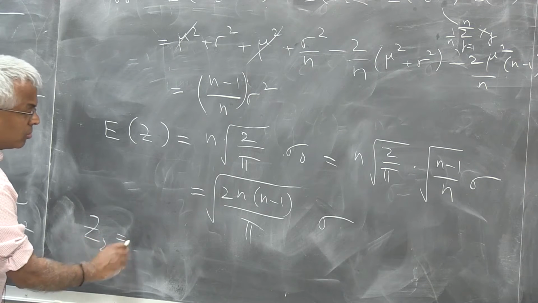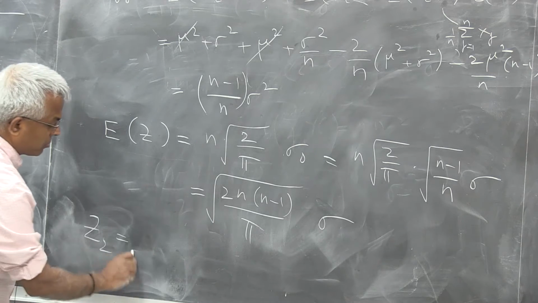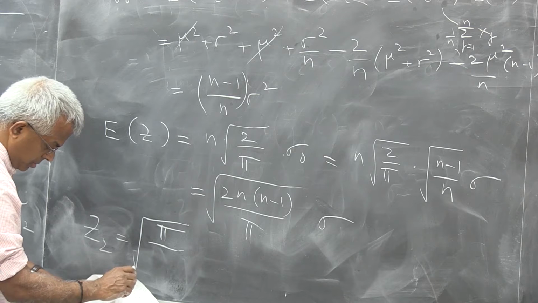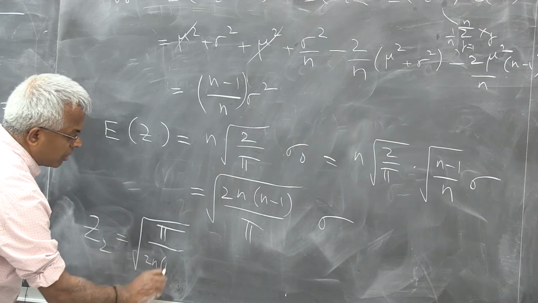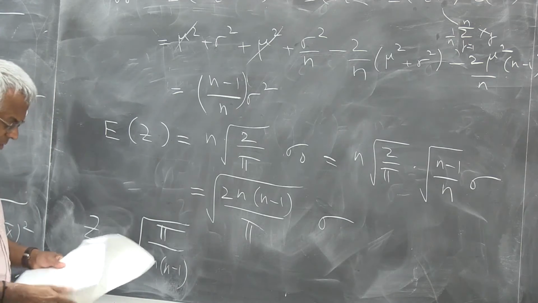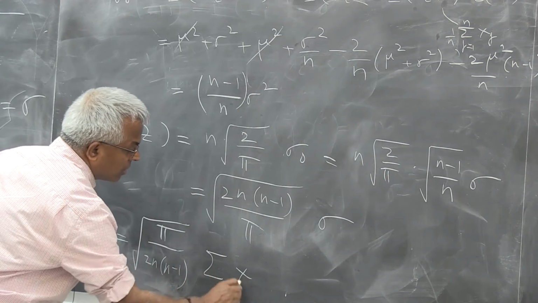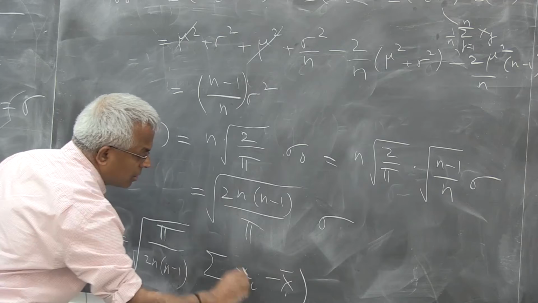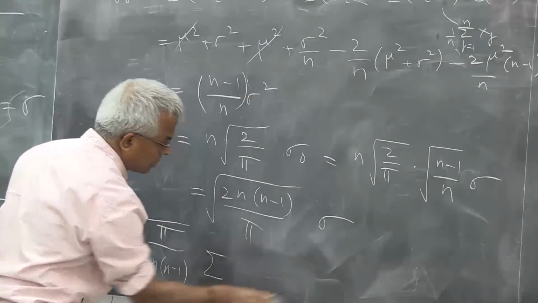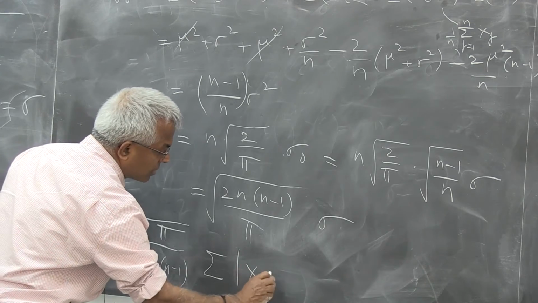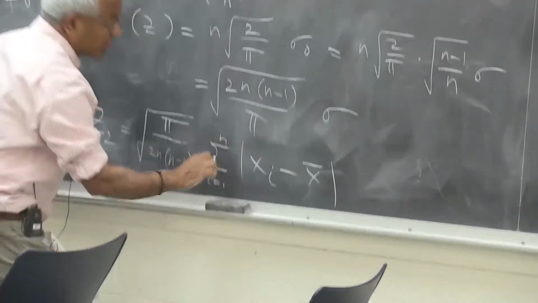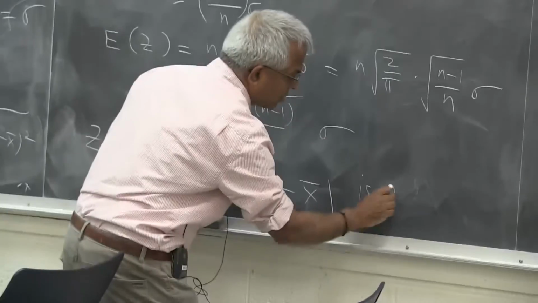Consequently, Z2, which is the square root of pi over 2n into n minus 1, multiplied by z, which is the summation of the absolute value of xi minus x bar, i equal to 1 through n, is another unbiased estimator for sigma.